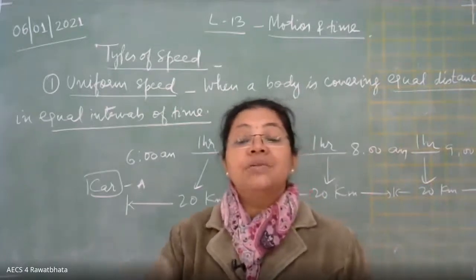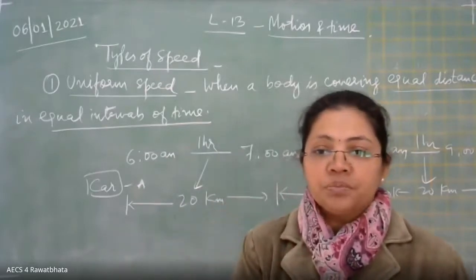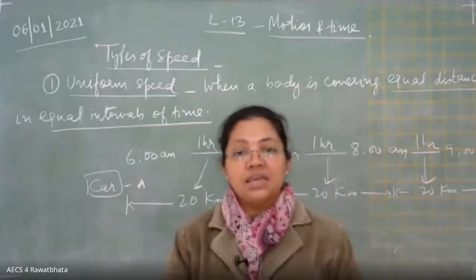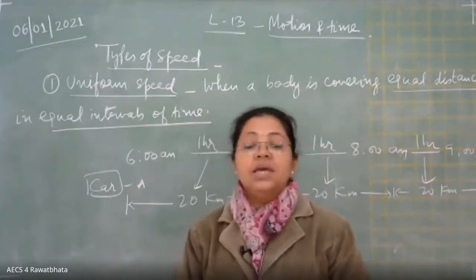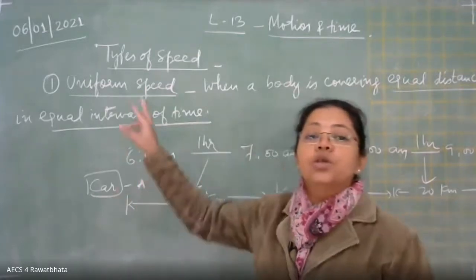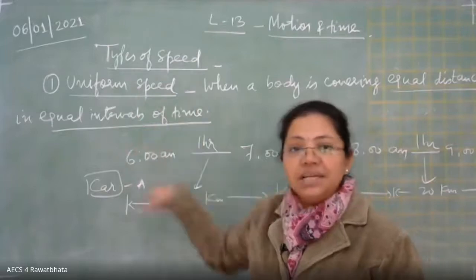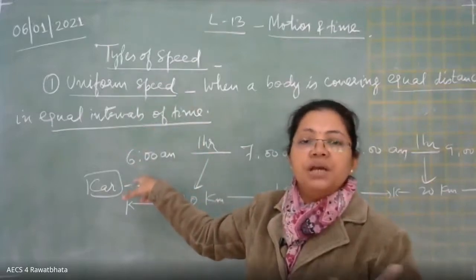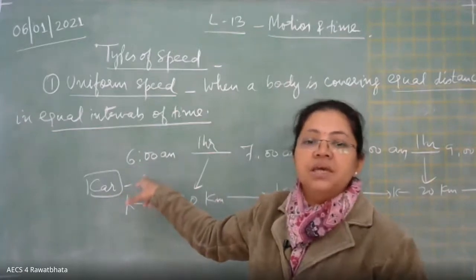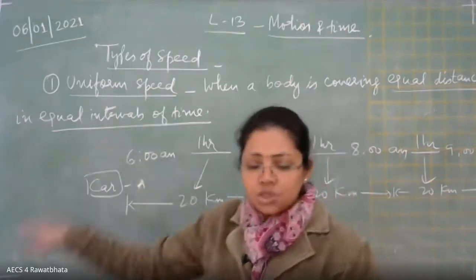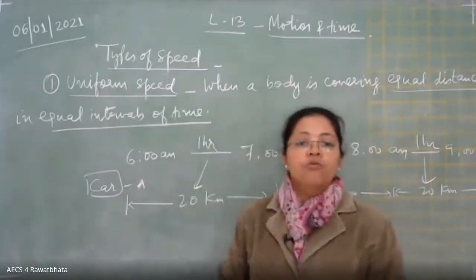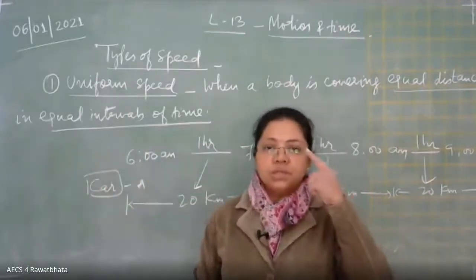Why? You are increasing the speed of bicycle. So practically, it is not possible to drive any vehicle at a constant or uniform speed. Ideally, it is not possible because speed breakers are there, traffic is there. Okay. So, no vehicle or no body can move with uniform speed, right?